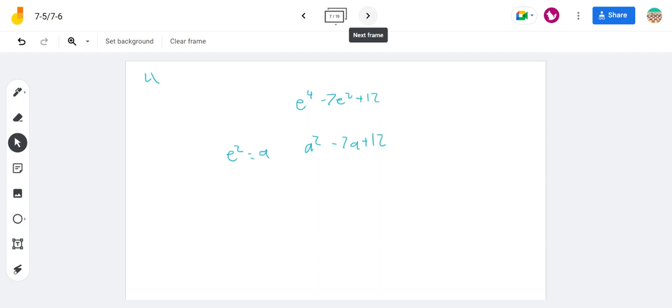This factor is the same as the regular factorization for a quadratic.